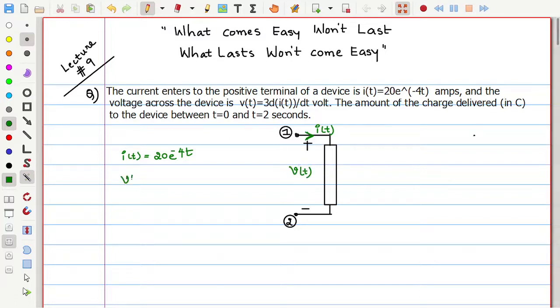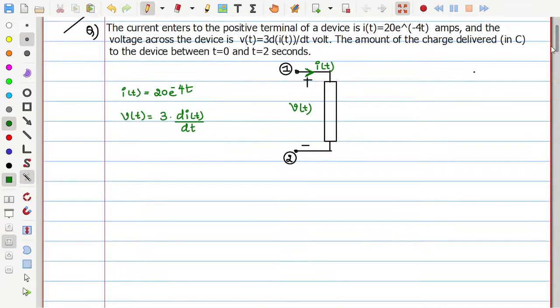How much is the voltage? v of t is equal to 3 times di of t by dt, meaning the differentiation of current times 3 is the voltage. Now what do we need? The amount of charge delivered in coulombs to the device between t equal to 0 and t equal to 2 seconds. So first, let us write the relationship for the required quantity.